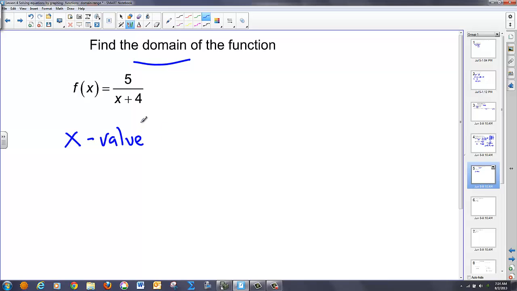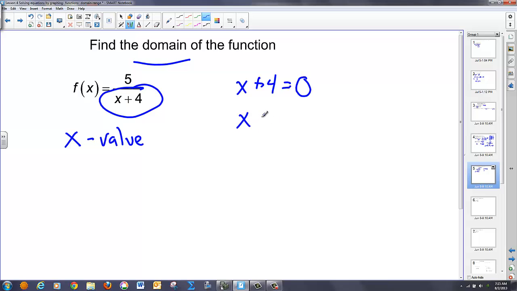And we know when we're talking about fractions, the only thing that fractions don't like is to have denominators of 0. So I look at this and I say, well, when would this denominator be 0? Well, I can simply set it equal to 0 and solve, even though we can probably see that pretty cleanly just by looking at it.